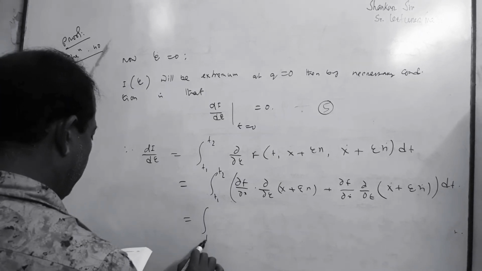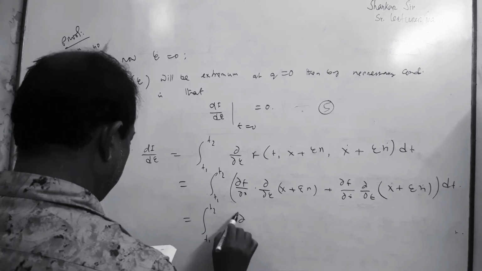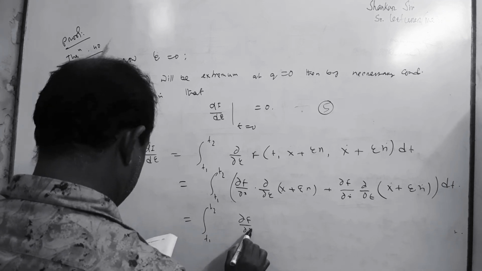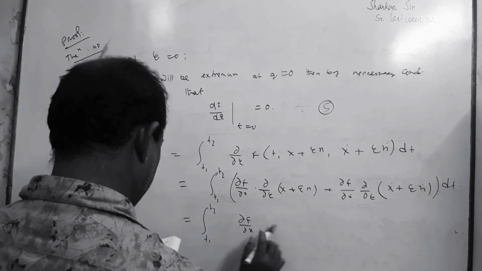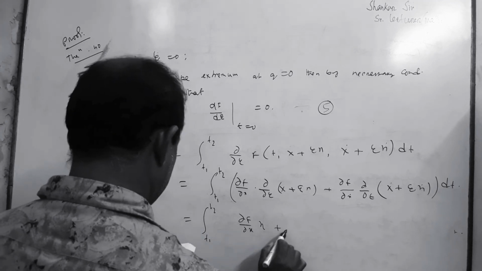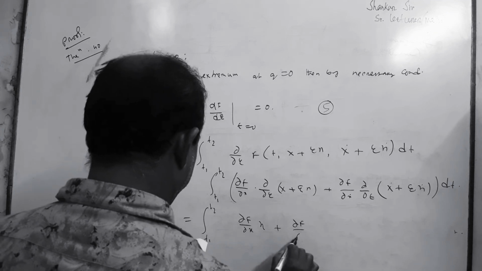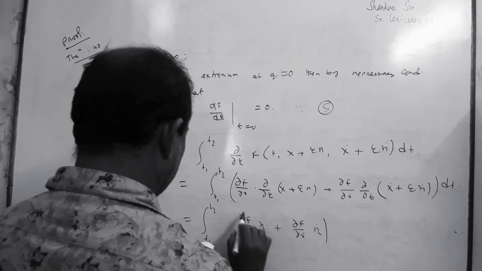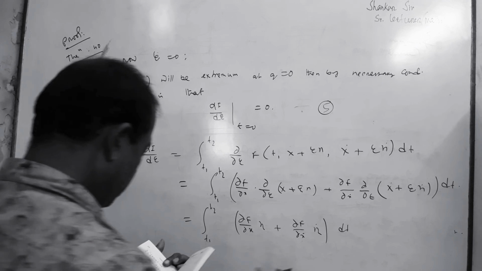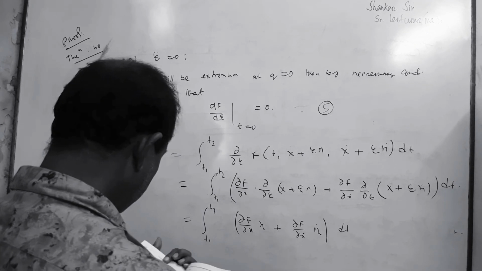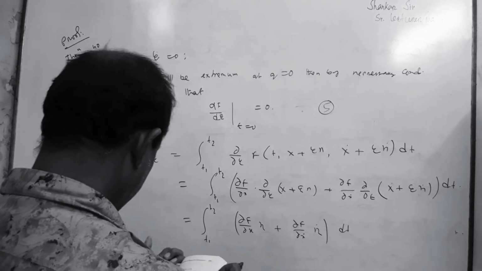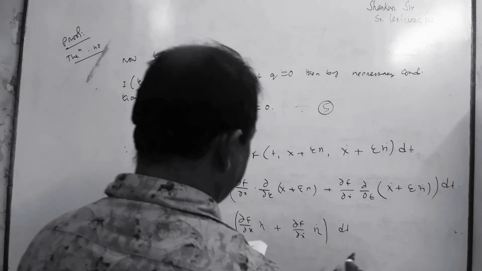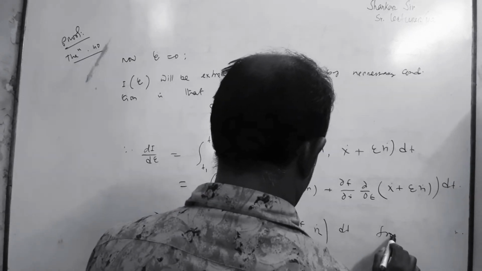Now the integral from t1 to t2 of del f divided by del x into eta plus del f divided by del x dot into eta dot into dt, using that it is 0, from 5.